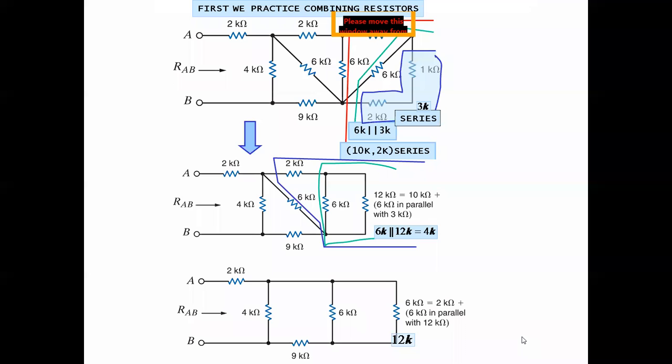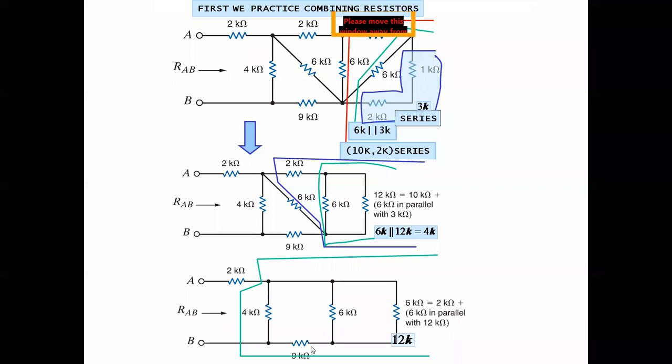After that, you can see the 6 kilo ohm resistance and 6 kilo ohm resistance are in parallel. So we have to solve these two resistances: 6 into 6 divided by 6 plus 6. It will give us 3 kilo ohm, right? Now 3 kilo ohm and 9 kilo ohm will come in series and it will become 12 kilo ohm.